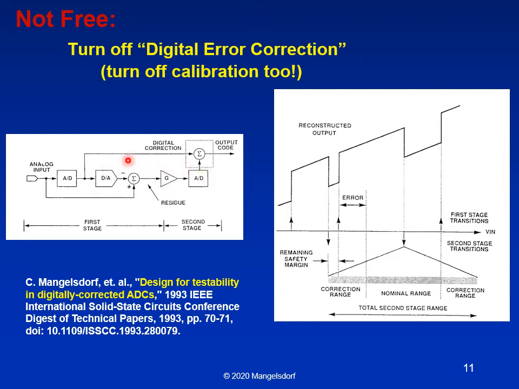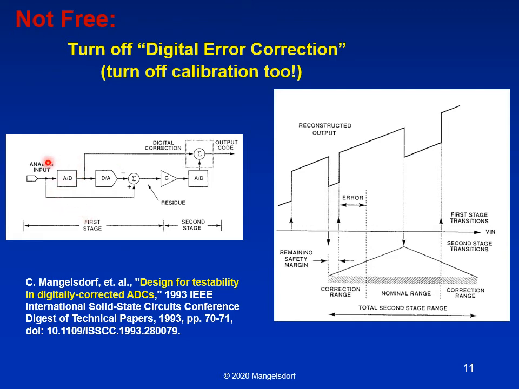And so it's nice to look at this performance without that correction working. If you build in a way to turn that off, you can sweep the input and see things that tell you what the uncorrected performance of the first stage is. And that can reveal things.